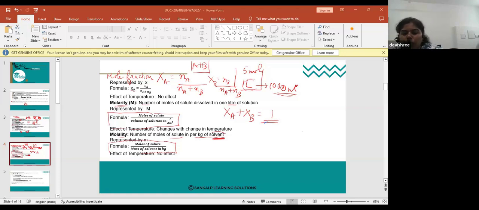Moving on to the next problem, maybe one more problem we can try. They've asked you to calculate molarity of a solution containing 5 gram of NaOH in 450 ml solution. All right. So again, your target is to find out molarity.